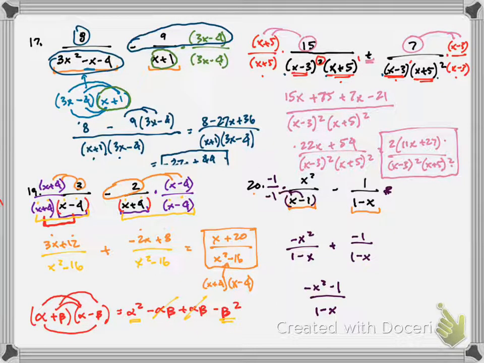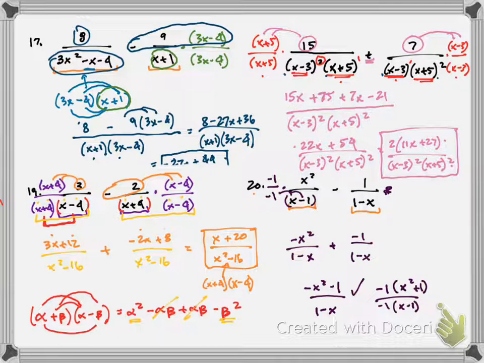Now, interestingly enough here, that's one way to express it. If you wanted to, you could factor out a negative 1. If I factored a negative 1 out of the numerator and negative 1 out of the denominator, another way to think about it would be x squared plus 1 over x minus 1.